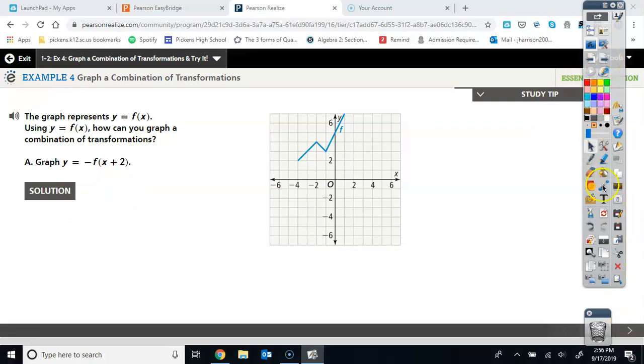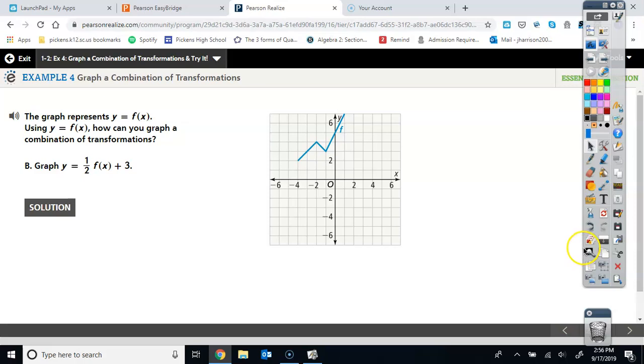You could have one that looks like this, and it says 1/2 times f of x plus 3. So then what you would do is take a half of each one of these points, meaning it would squish or compress it halfway from here to here.